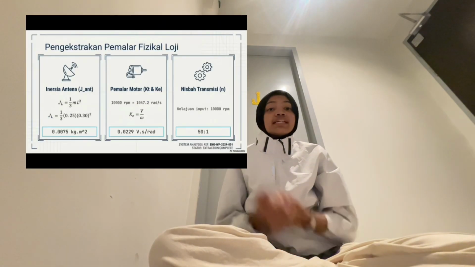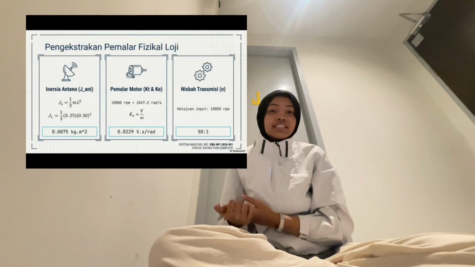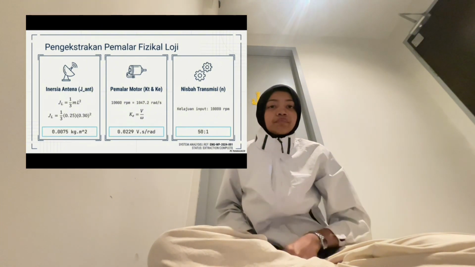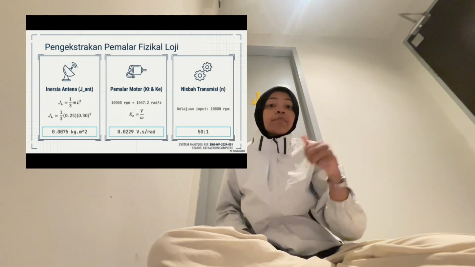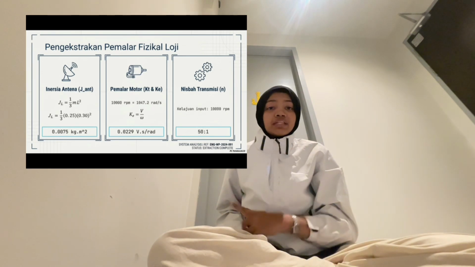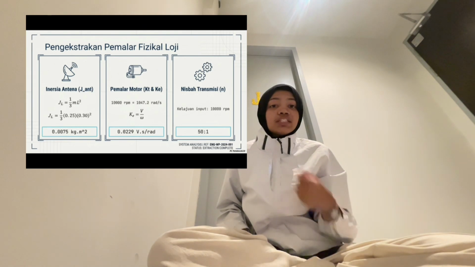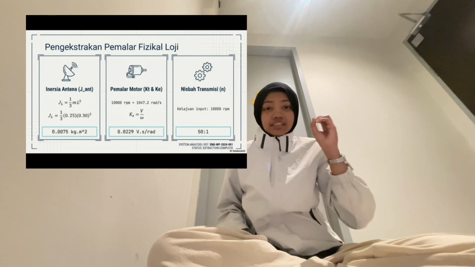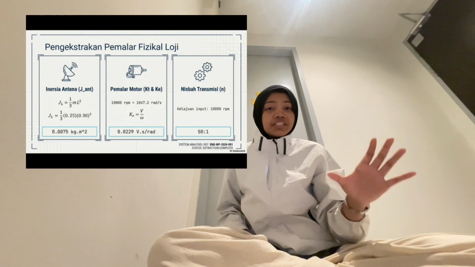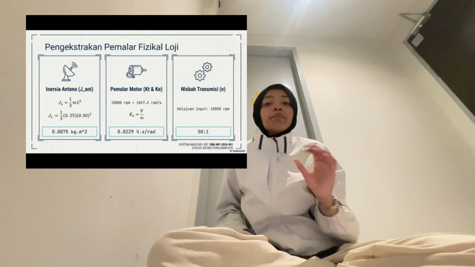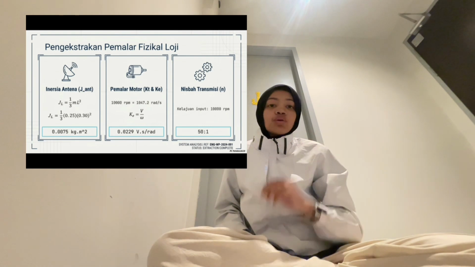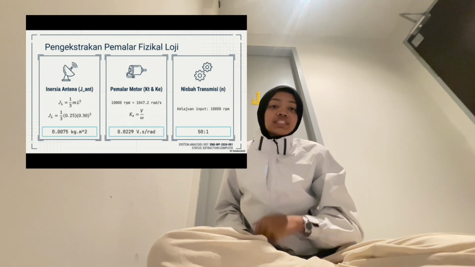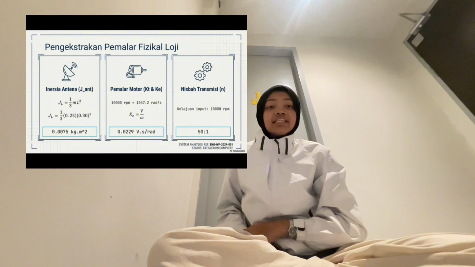Next is the extraction of the physical parameters required for mathematical modeling. First, we calculate the moment of inertia represented by J. This parameter describes how difficult it is to rotate the antenna. The larger the inertia means the motor needs more torque to accelerate the antenna. Next, we determine the motor constants, Kt and Ke.